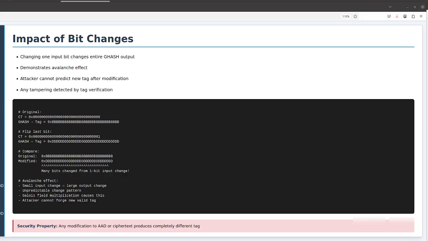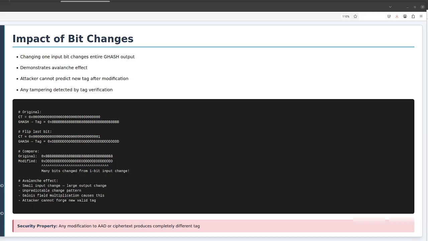To process the lengths, Y2 equals 0x33... XOR 0x00...80 times H. This results in, for example, 0x44...44.